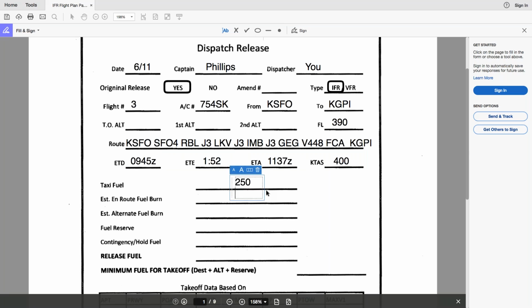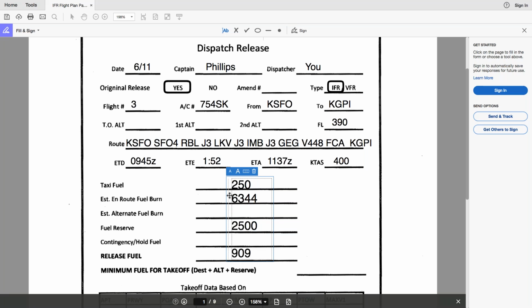Okay, 250 for our taxi fuel. Estimated en route burn was 63.44. Didn't have an alternate. Our reserve fuel is always 2,500. Didn't have any contingency fuel or hold fuel.